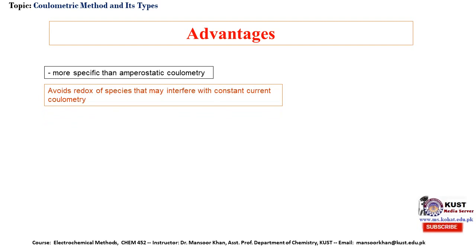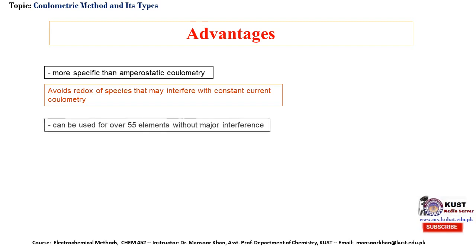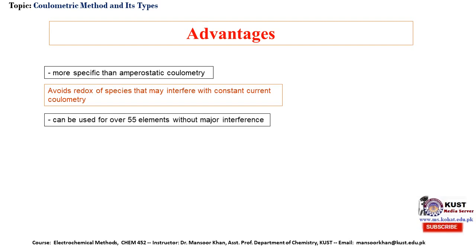It avoids redox of species that may interfere with a constant current colorimetry, so it can be easily specified. It can be used for over 55 elements without major interferences.